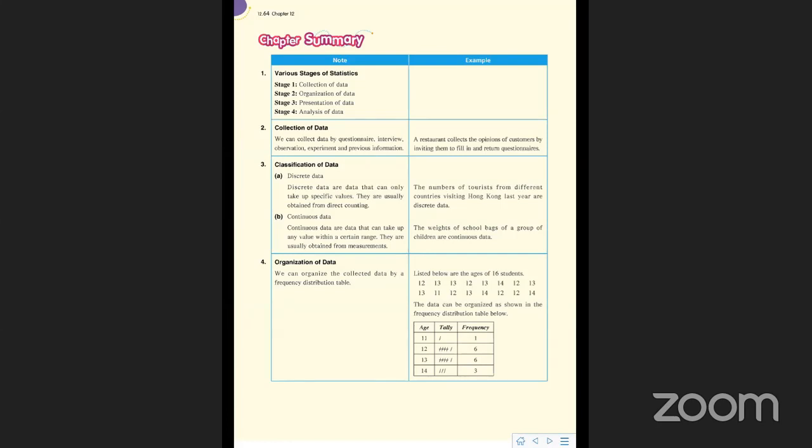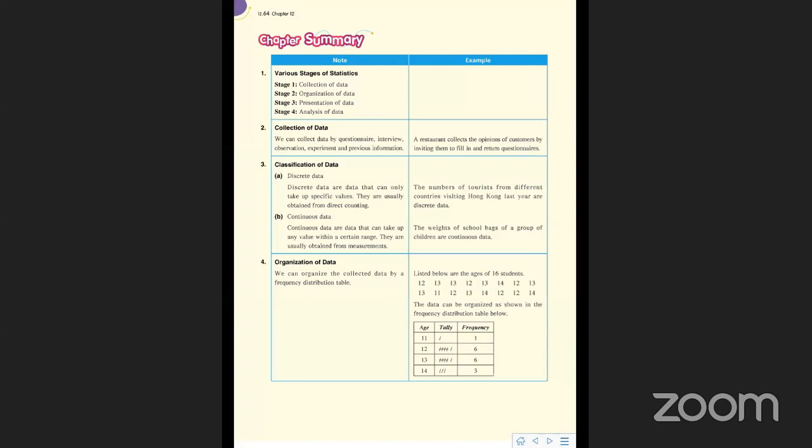I have chosen some questions from supplementary exercise 12. They are the TSA questions, in case you need to sit for the TSA in Form 3. Those types of questions are usual questions in TSA, and then you can refer to the chapter summary.